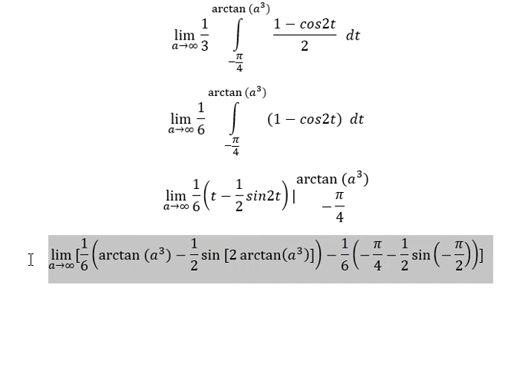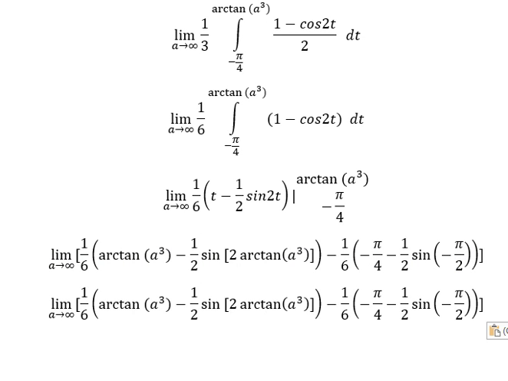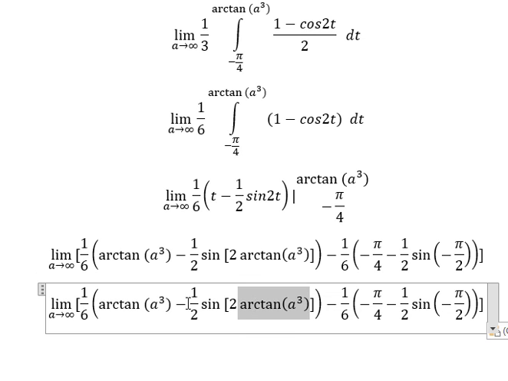Now, when a approaches positive infinity, arctan of positive infinity, we have pi over 2. Similar for this one.